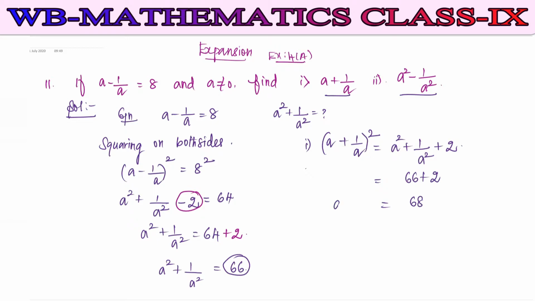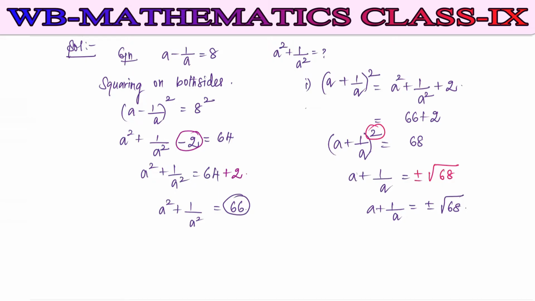So a plus 1 by a whole square is equal to 68. So a plus 1 by a is equal to, when you shift this square to the opposite side, it will become square root, plus or minus root of 68 you will get. Further if you simplify this value, 68 we can write as 4 into 17.